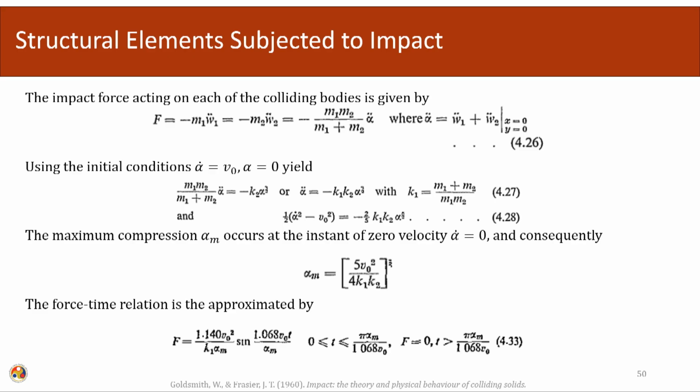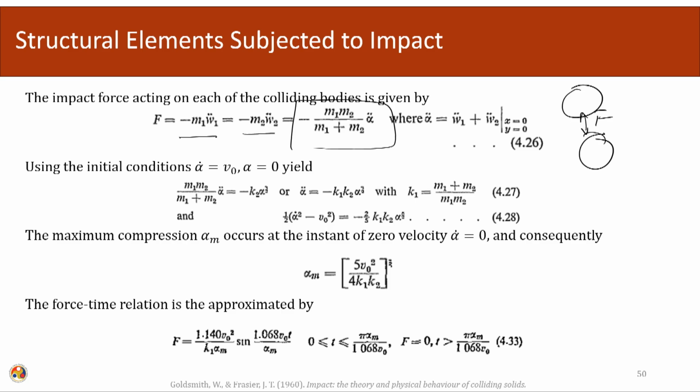The impact force acting on each of the colliding bodies, if there are two colliding bodies, is given by the mass times the acceleration component, that is the inertial component, or it can be given when the bodies combine.